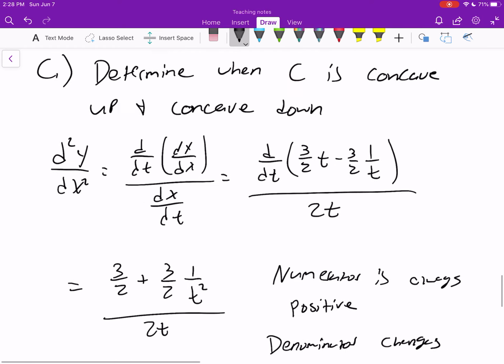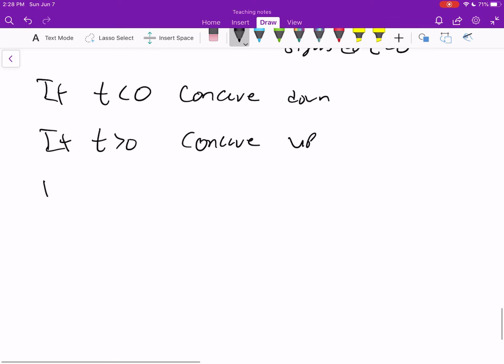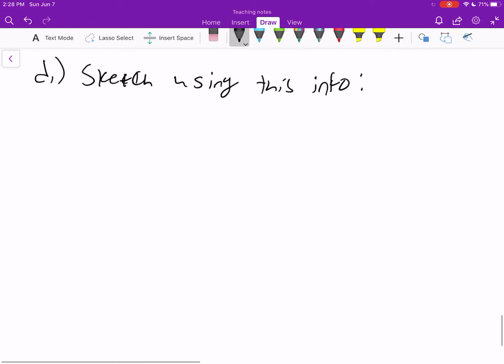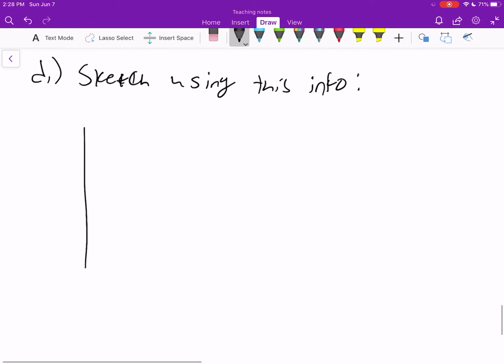What part are we on? D. Part D is to sketch the curve using this information. All right, so I'm going to have to be going back and forth between all of this.